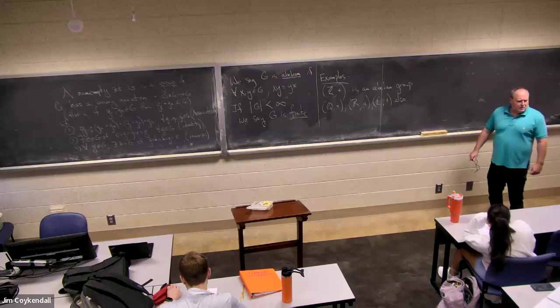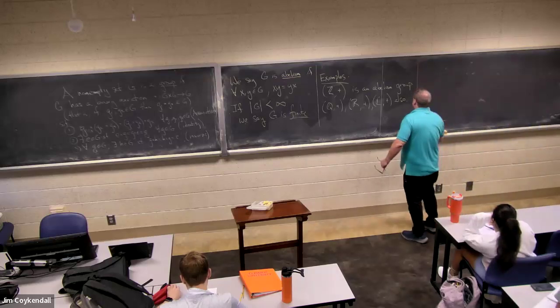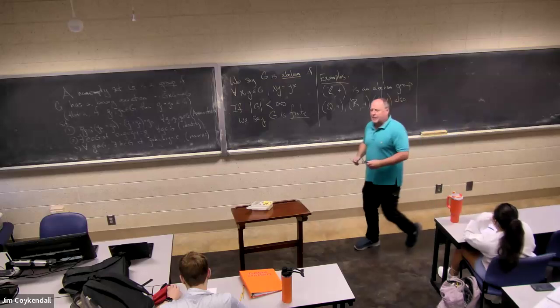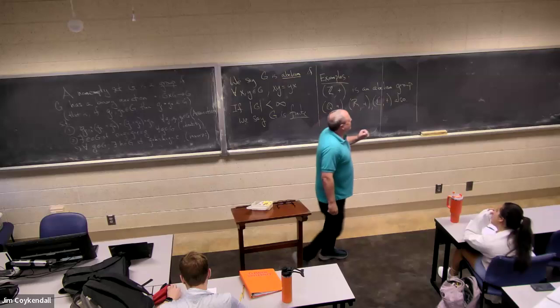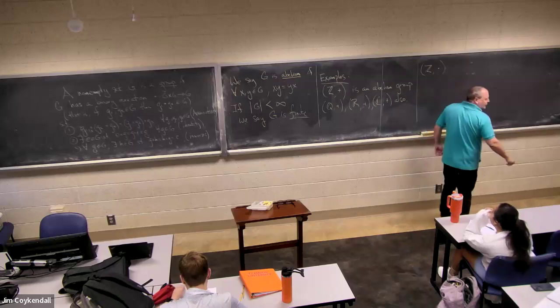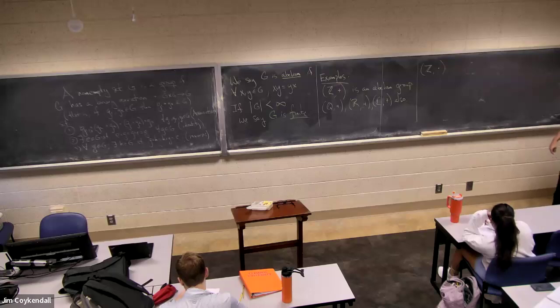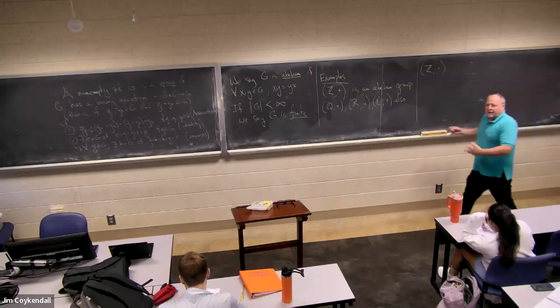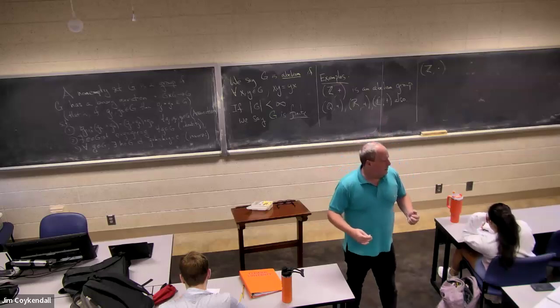Can anybody give me an example? Well, let me ask this first. Is this a group? No, it's not. Well, let me ask you this. If I take two integers and multiply, what do I get?